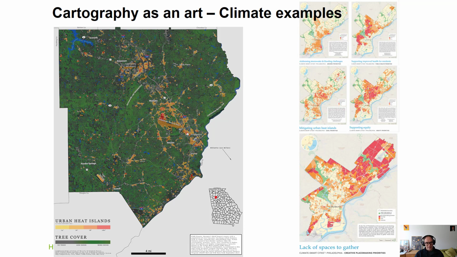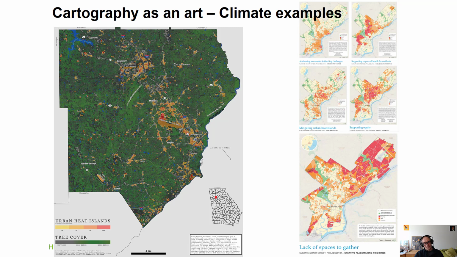Here, tree cover is depicted in green and the urban heat islands in a gradient from yellow to red. You remember, quantitative data gets gradients. Most people will associate shades of green with cooler areas and yellow to red with warmer areas. And that's intended here, so that you immediately see, okay, the green areas are cool, the yellow to red areas are hot.